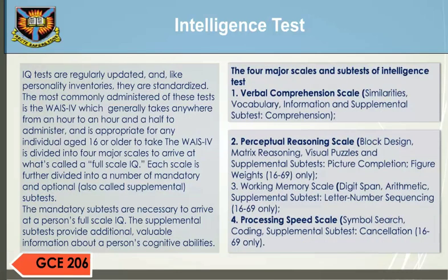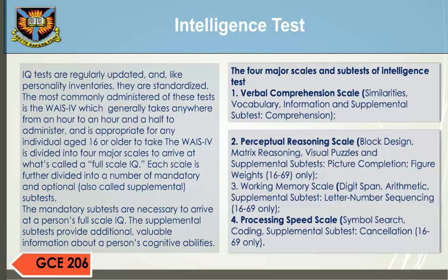IQ tests are regularly updated, and like personality inventories, they are standardized. The most commonly administered of these tests is the WAIS-4, which generally takes anywhere from an hour to an hour and a half to administer, and is appropriate for any individual aged 16 or older.